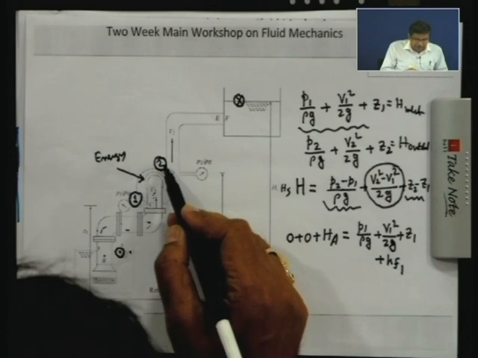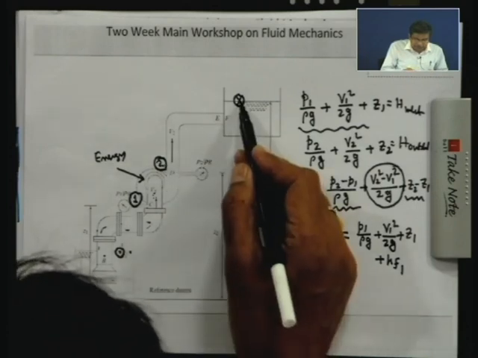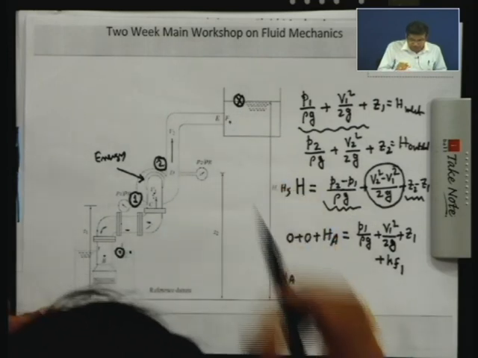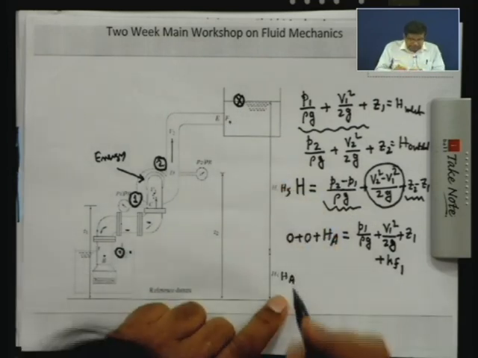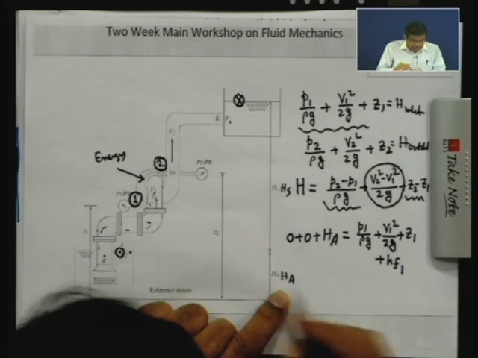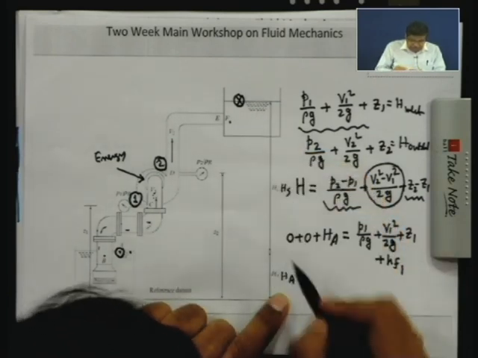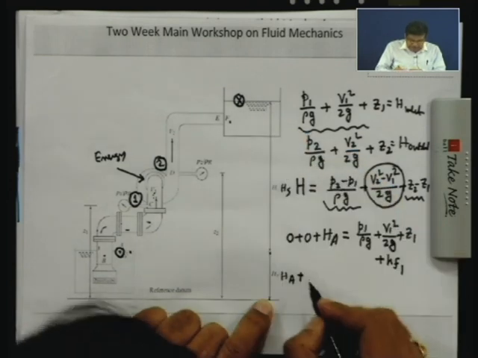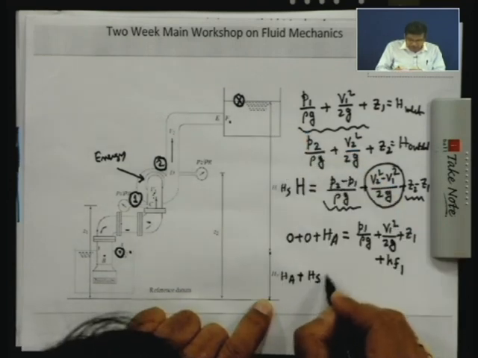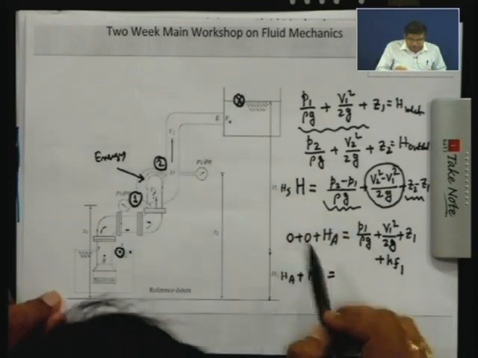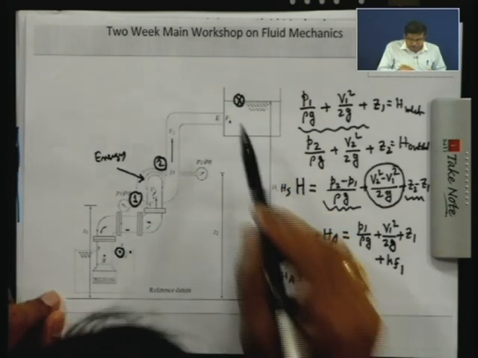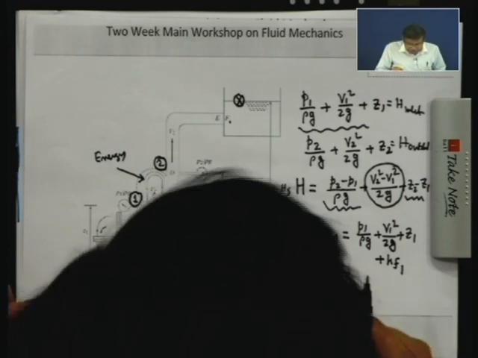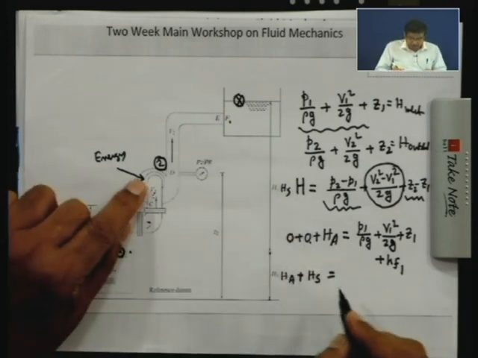But if you write the Bernoulli's equation between 2 and this point here at this surface, F for example, we get HA, that means this point HA, plus HS, the potential head. Other things are 0, atmospheric pressure, velocity is 0.